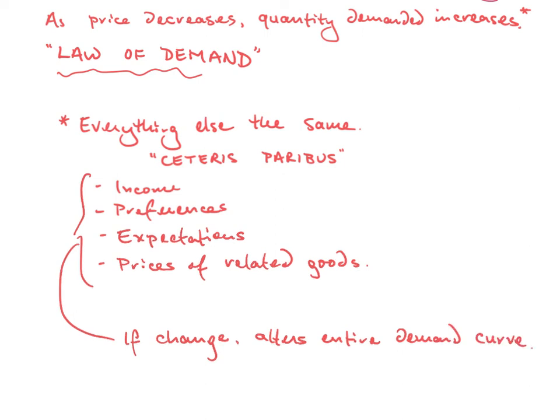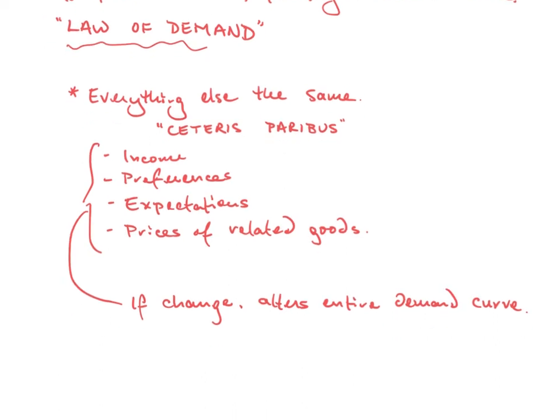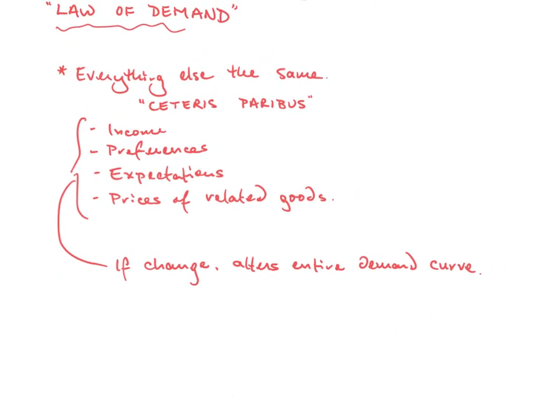So again, the law of demand is that price goes down, quantity demanded goes up, everything else the same. Now, these other things that impact demand change the entire demand curve. For example, income. As people's income rises, what happens to demand?